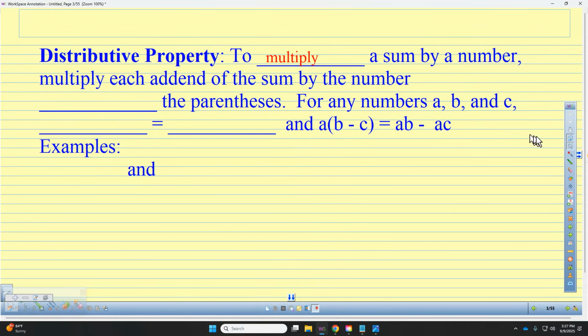Addend is a fancy word for numbers being added.